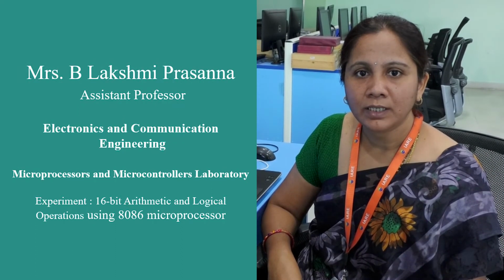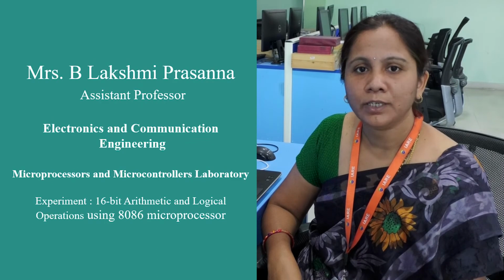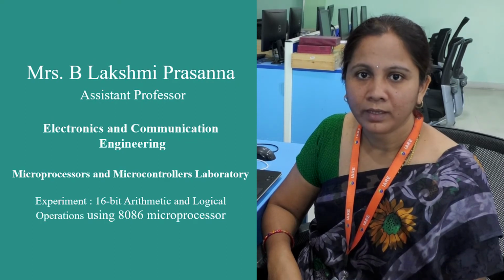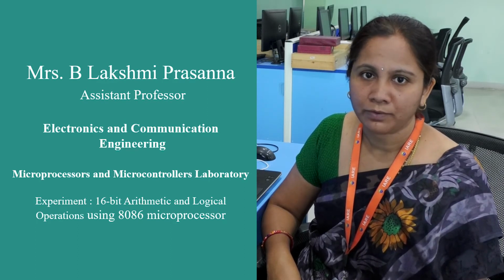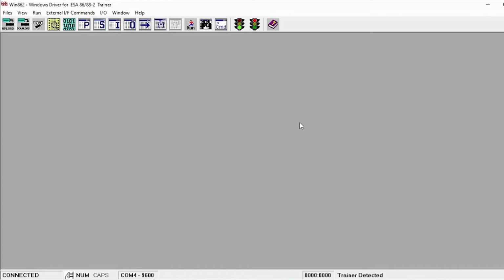Now, we will see how to execute a program on arithmetic and logical operations using Win862 software. Now, we will see how to perform an experiment on 16-bit arithmetic and logical operations by using Win862 software.